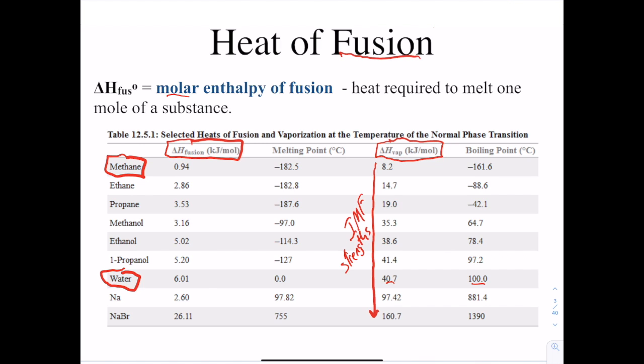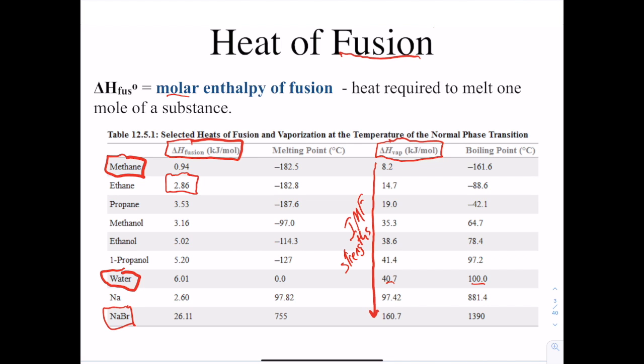Much stronger intermolecular forces as seen in the higher enthalpy of vaporization. Sodium bromide is actually an ionic compound, so you have sodium cations and bromide anions in the crystalline lattice, and it takes a very significant amount of energy, relatively speaking, to move that substance into the gas phase.